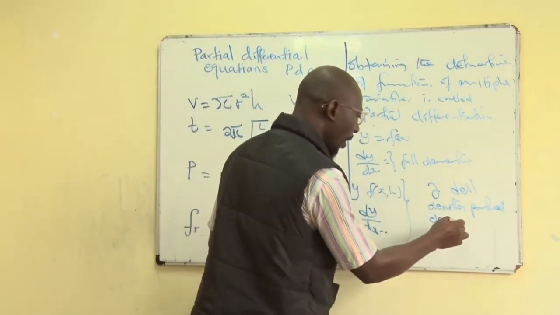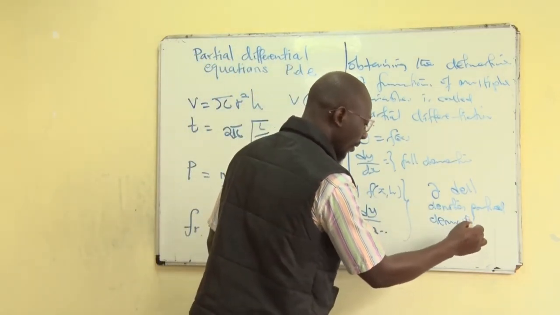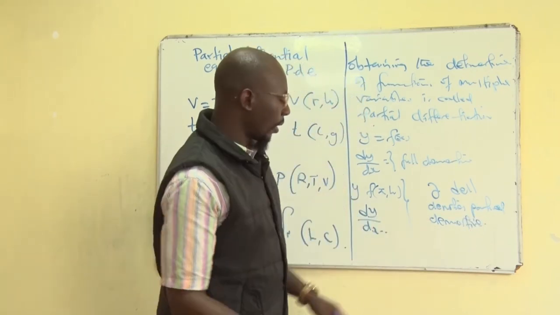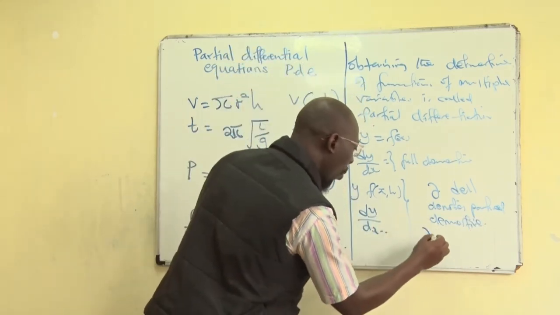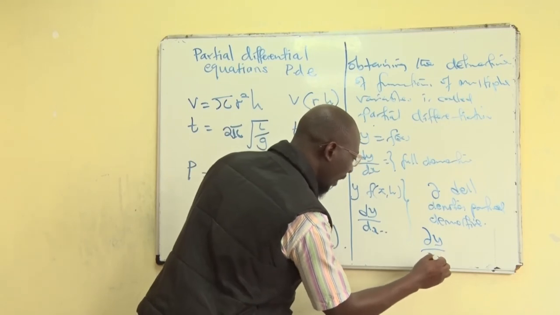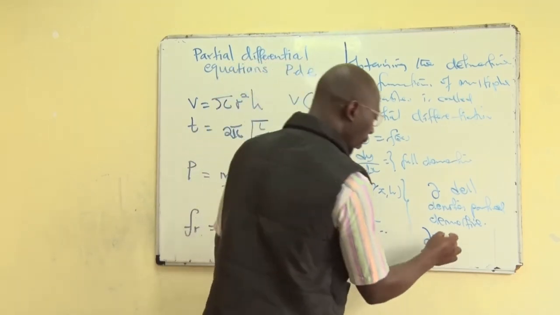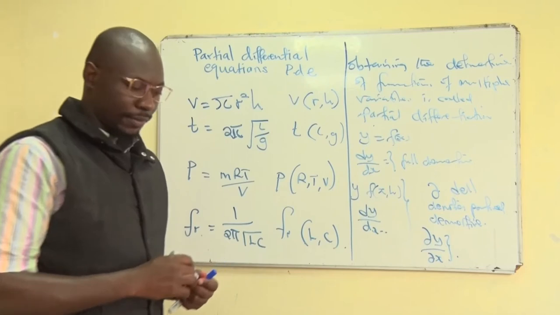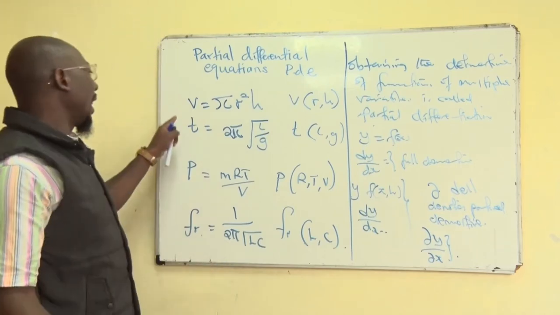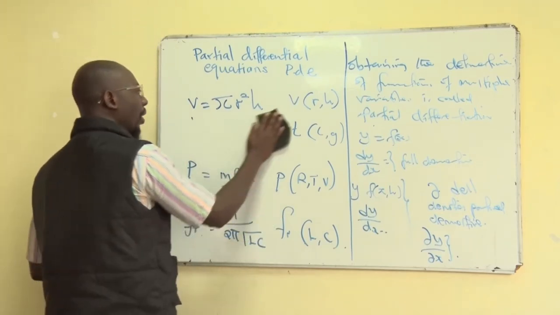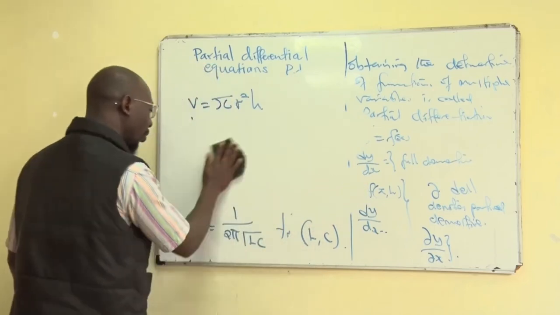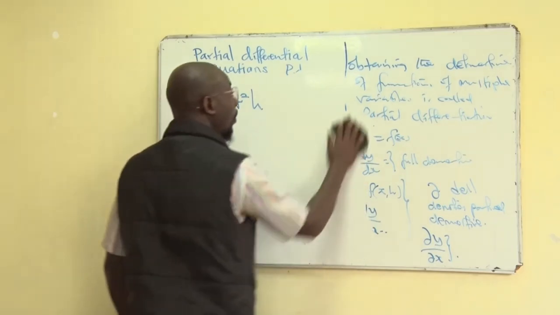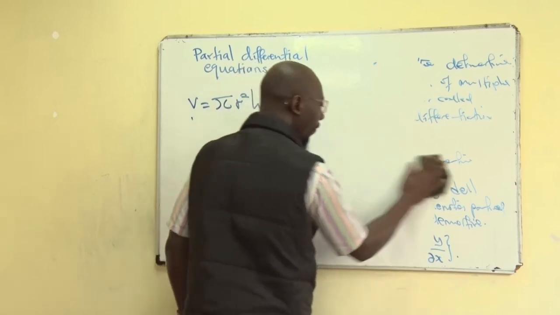So we say change in y with respect to change in x is called a partial derivative. So let's use the volume equation as our function to get the partial derivative of different variables.